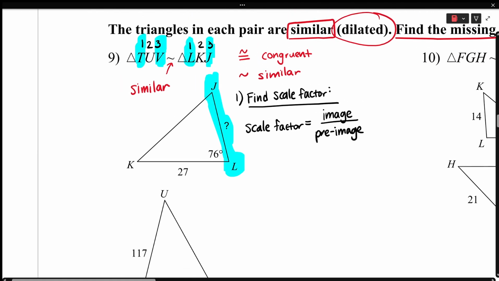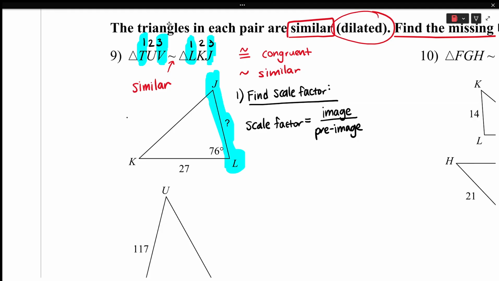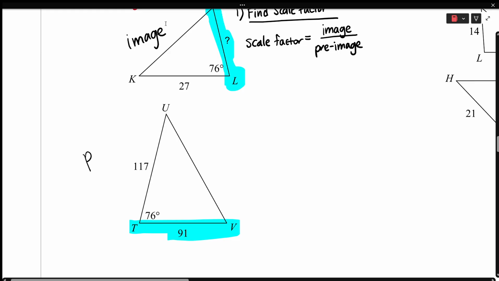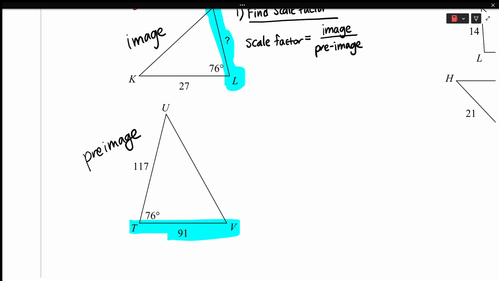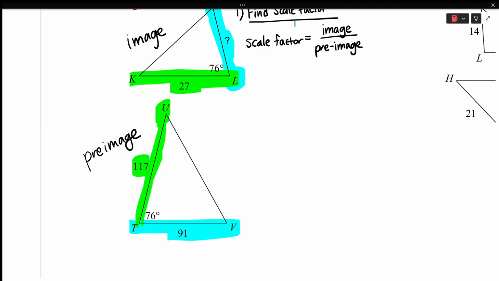So we're trying to solve for the missing side JL, right? If that's what we're trying to solve for, that should be our image. That's our end product. This triangle, JKL, is our image. So that means we're starting from the bigger one. This is our pre-image. This is our start. So I need to find a ratio of two sides on the image and pre-image and use the ratio of the sides for my scale factor.